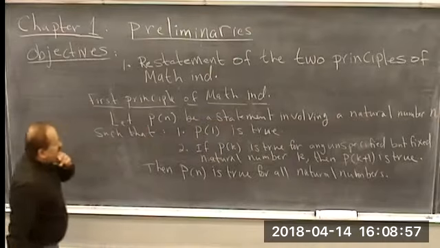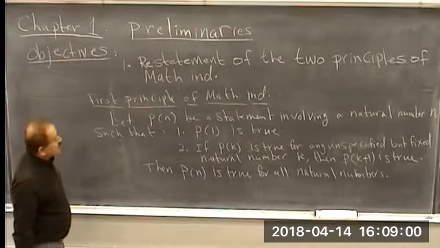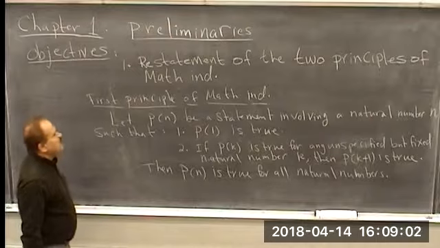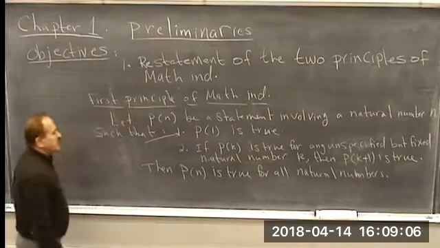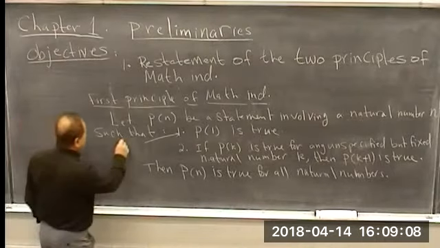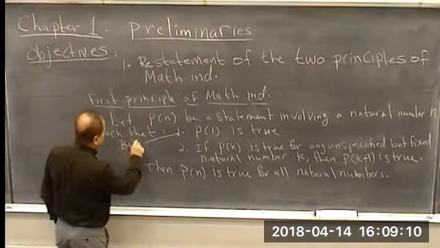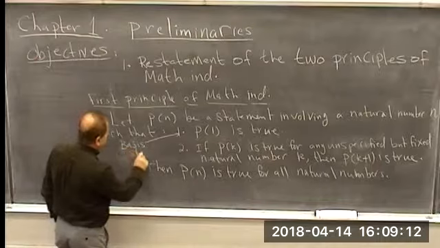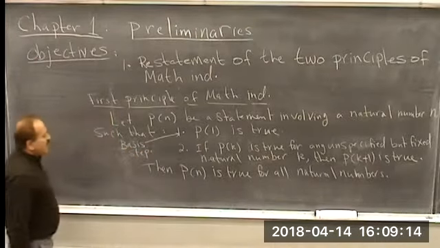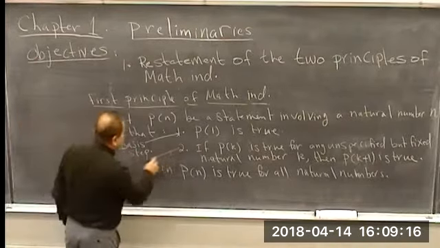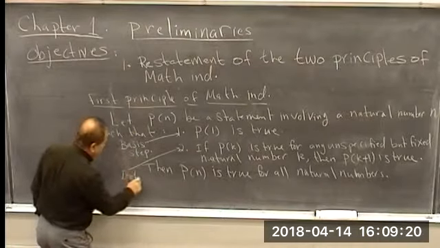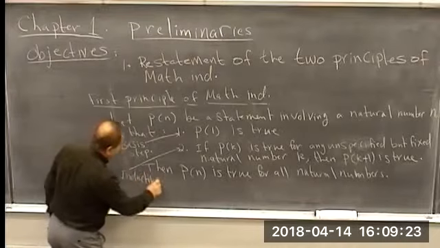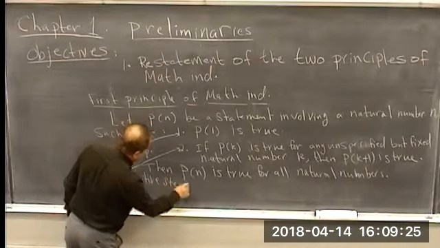All right. When the principle of mathematical induction is stated this way, usually we refer to the first one as the base step, and we refer to the second one as the inductive step.